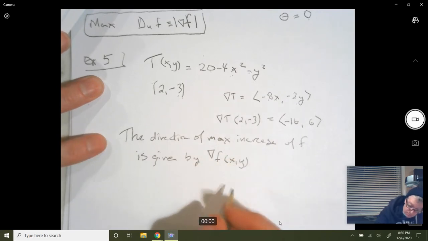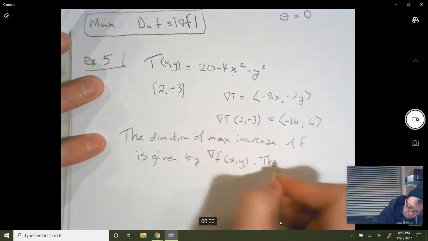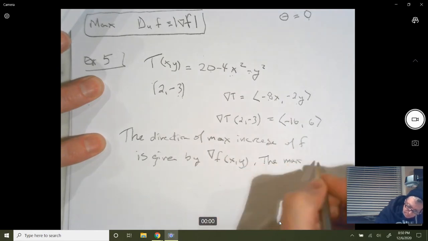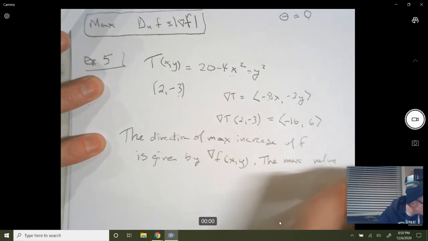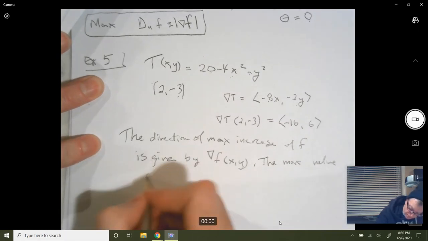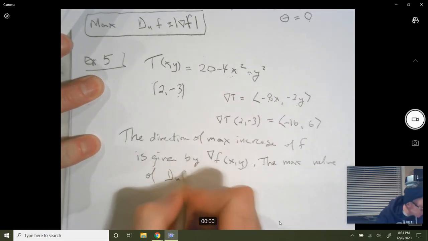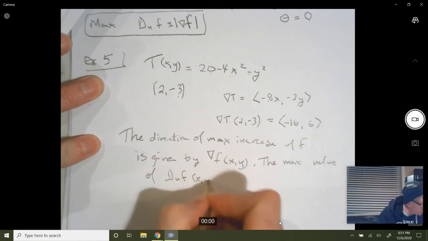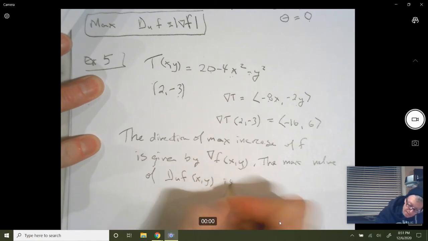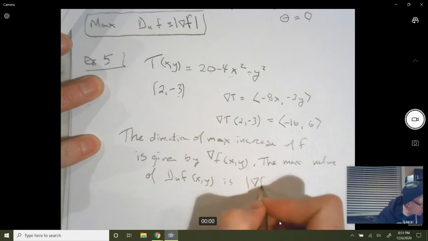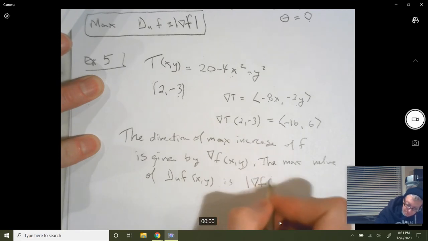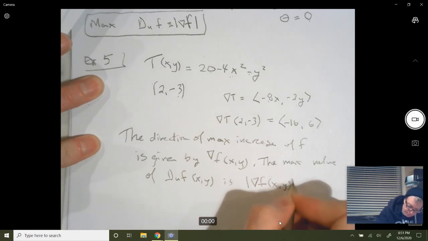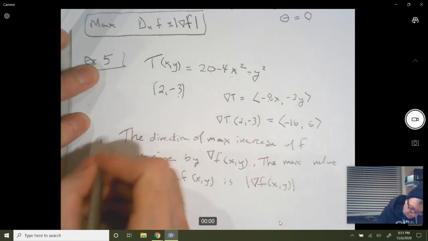And the maximum value of the directional derivative of f of x, y is the magnitude of your gradient of f of x, y. So that's one point.